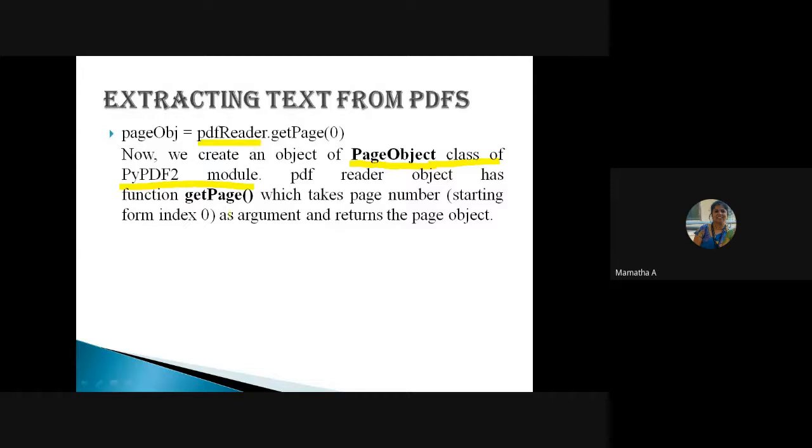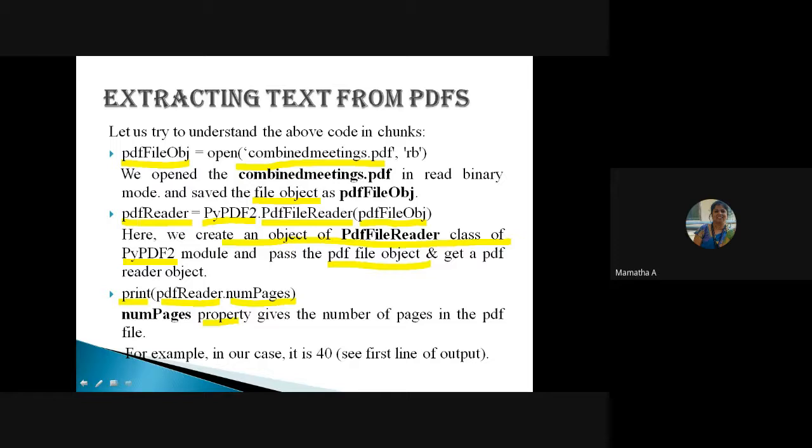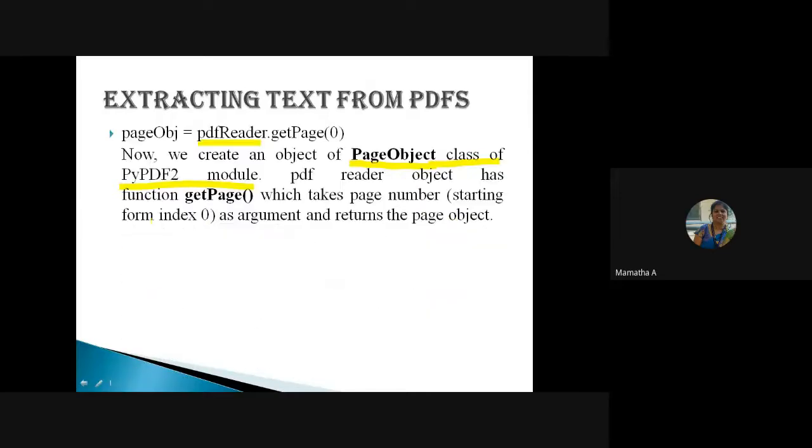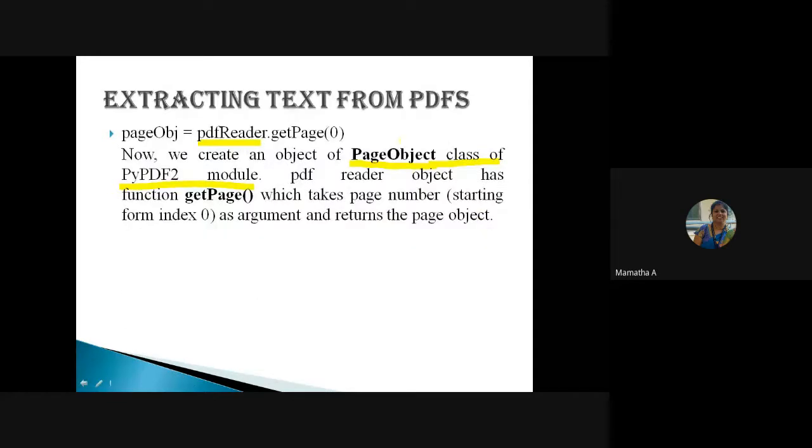What is PDF reader for me, students? PDF reader is an object of which class? PDF file reader. So the PDF reader, which is the object of the PDF file reader, has a function called get page.